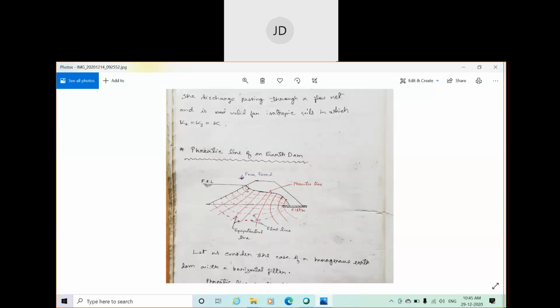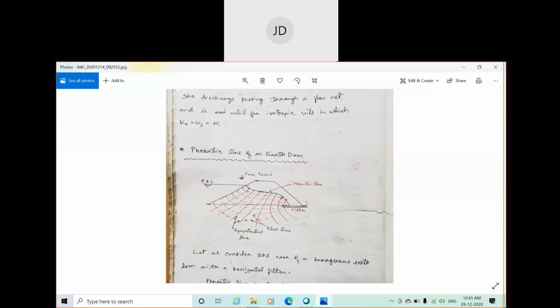Suppose it is found that the seepage of water, which takes the shape of a parabola, crosses through this downstream face, which is not good for the stability of the dam.